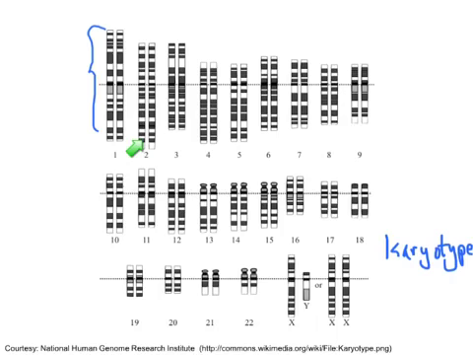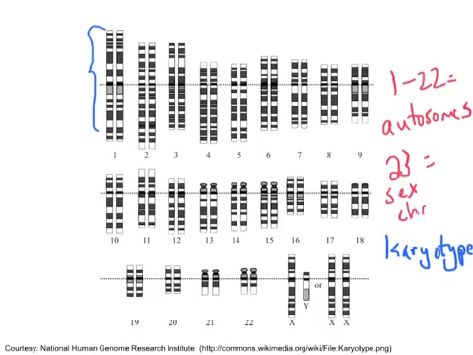So you have 23 pairs, 1 through 9, 10 through 18, 19 through 22. Chromosomes 1 through 22 are referred to as the autosomes. And chromosome 23, that 23rd pair, are your sex chromosomes.